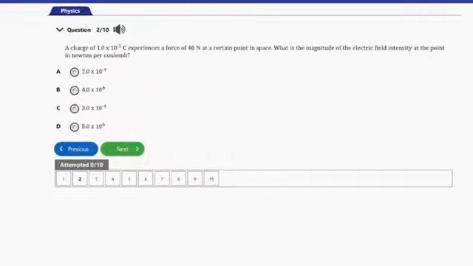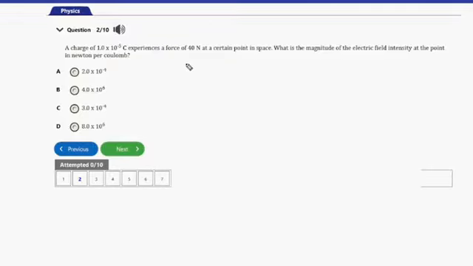It says, a charge of 1.0 times 10 to the power of negative 5 coulombs experiences a force of 40 newtons at a certain point in space. What is the magnitude of the electric field intensity at the point in newton per coulomb? So guys, let's go ahead and solve this out together.